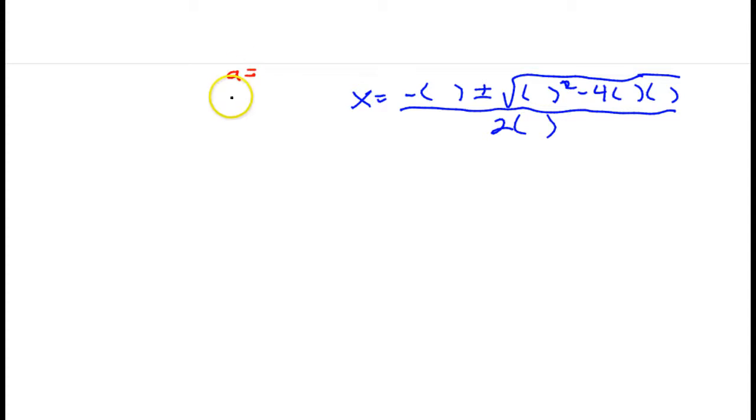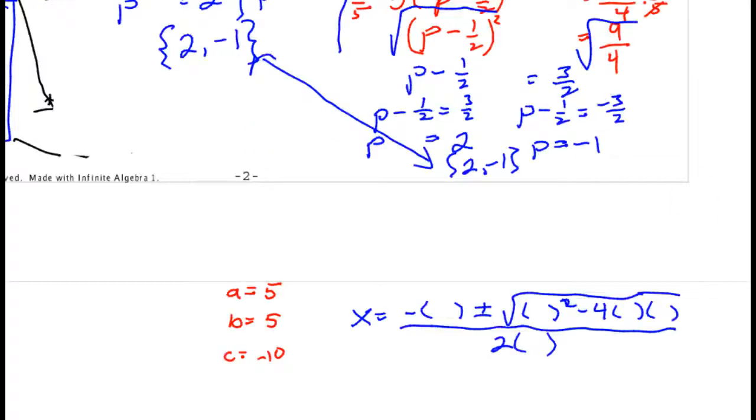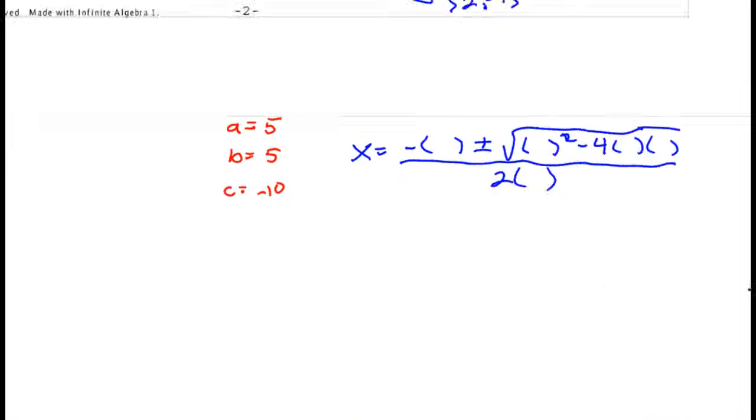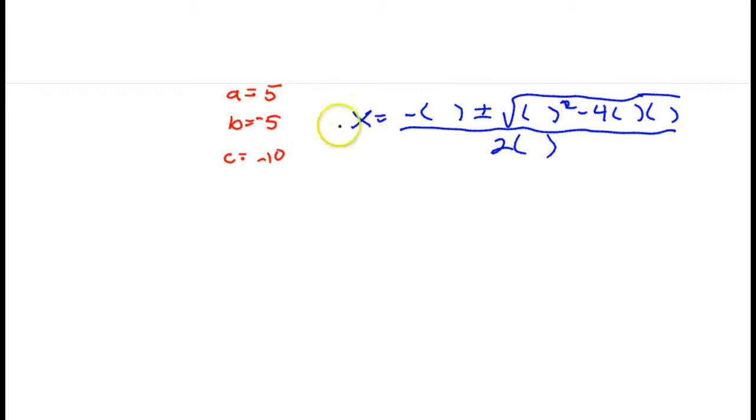Let me write A, B, and C over here. A was 5, B was negative 5, C was negative 10. Double check that. Plug everything in the right place.